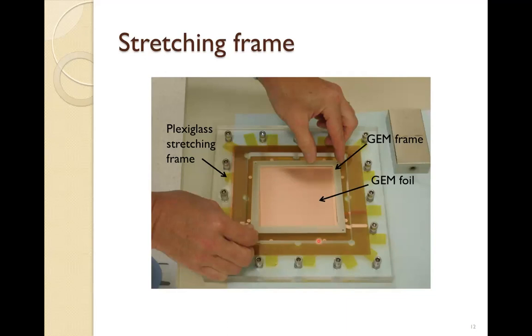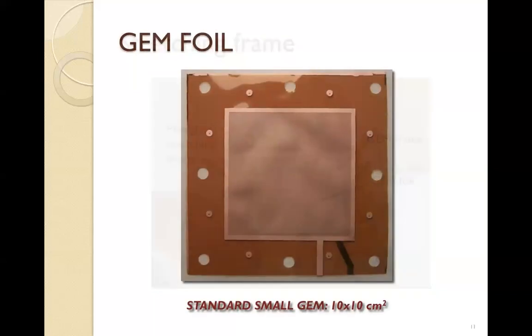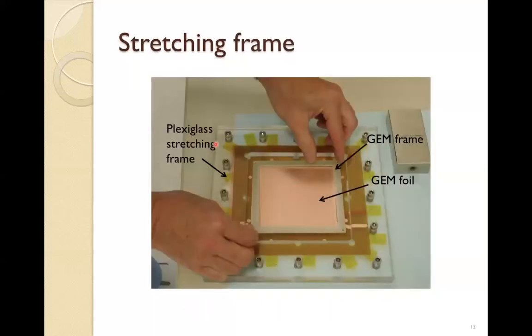How do we do it? First, this gem foil is kept inside these two frames. These frames are made of plexiglass material. This is also some kind of plastic. This is available in India as well. And there are screws.